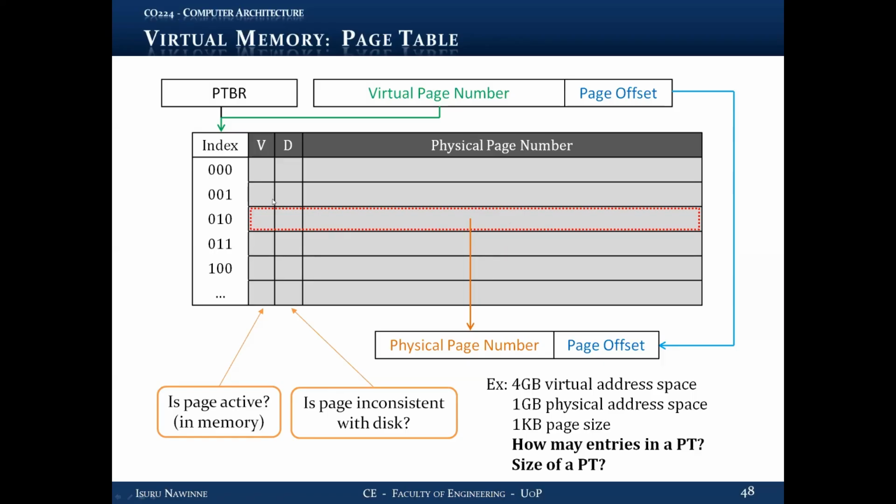Then in addition to that, we need a valid bit and a dirty bit. So what we are looking at here is 22 bits, right? But we know that the memory is word aligned, right? Memory is first byte aligned, each address refers to a byte, and then it's word aligned. We use word addresses.